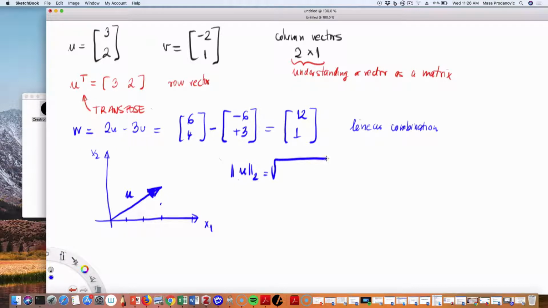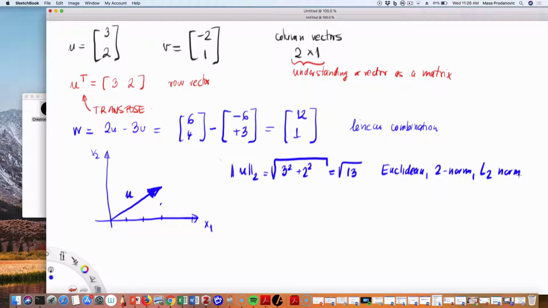It's basically square root of 3 squared plus 2 squared. And that in this case is square root of 13. So that is Euclidean or 2 norm, also known as L2 norm, either way.